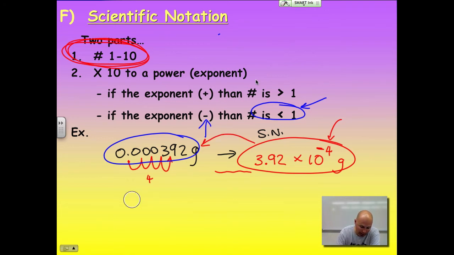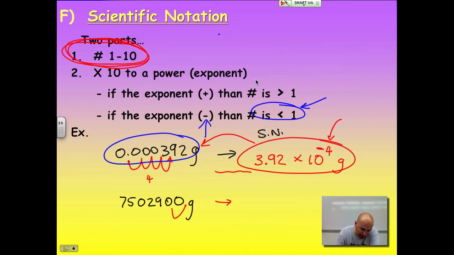Let's take a look at one if it was a positive move. 7502900, and let's again call it grams, and I want to write that in scientific notation. The decimal is here, when it isn't showing. Again, if we don't have a decimal showing, it's at the end.